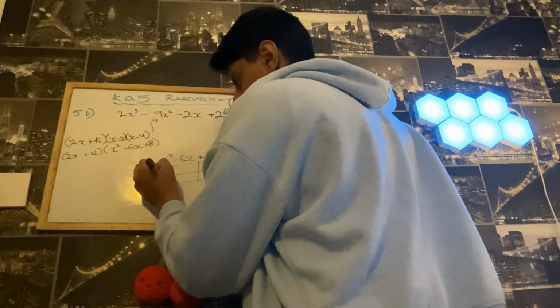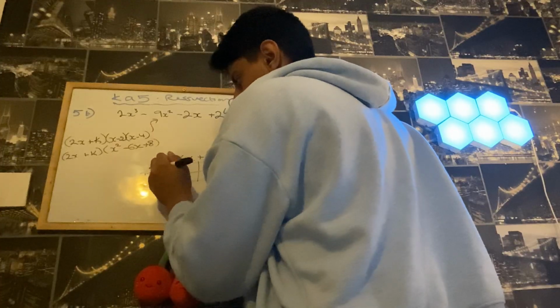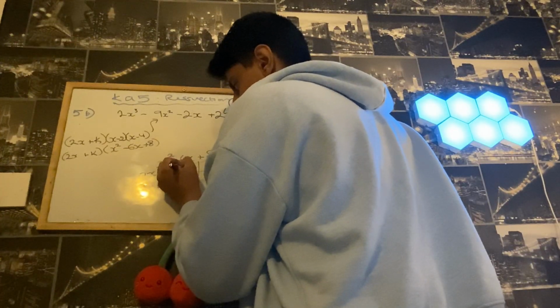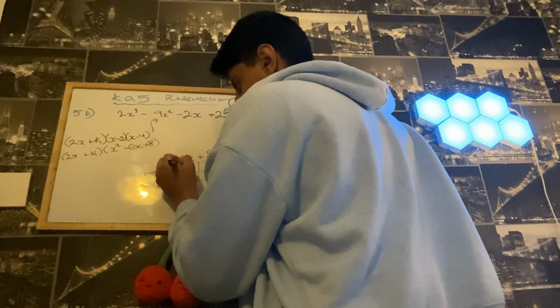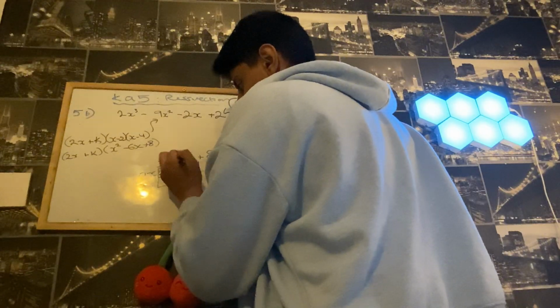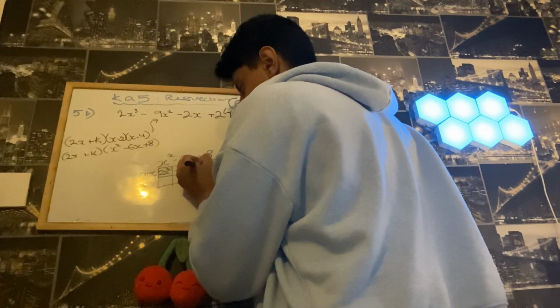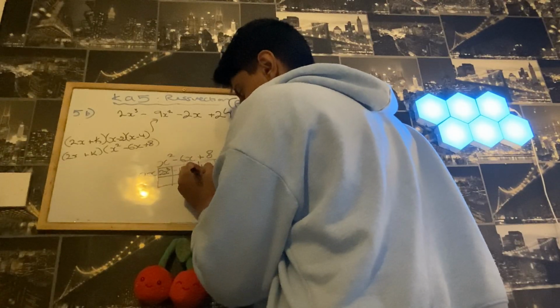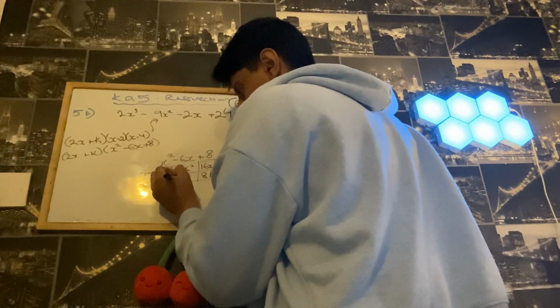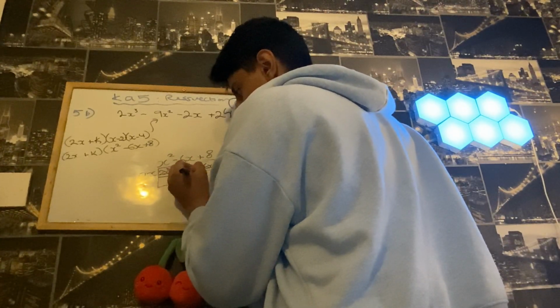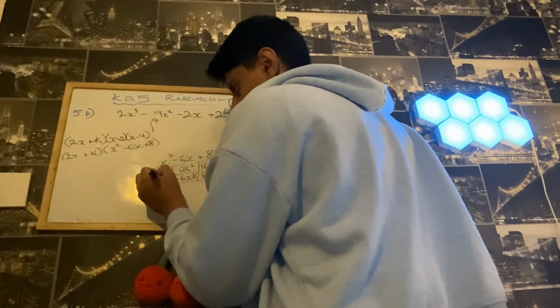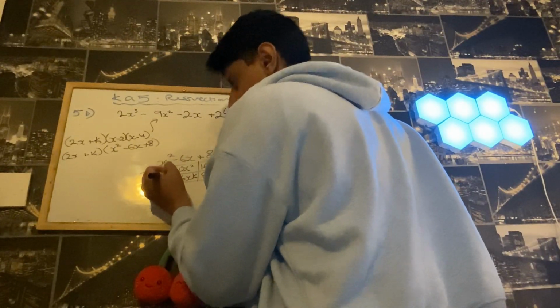Now if we multiply all of these together, 2x cubed minus 6x, that would be minus 12x squared, and then that would be 16x, and then we get 8k minus 6xk, and then that would be kx squared.